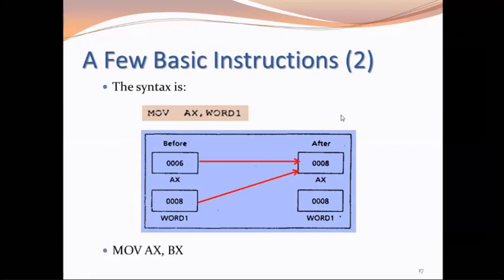Yes, sir, between the two registers. Does it make sense? The second one is moving between the registers. So I give you values for AX, 0008, and for BX, 0006. Can you draw the picture? AX is 0008 and BX is 0006.